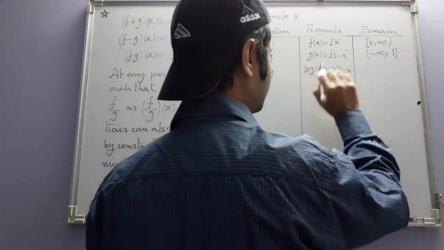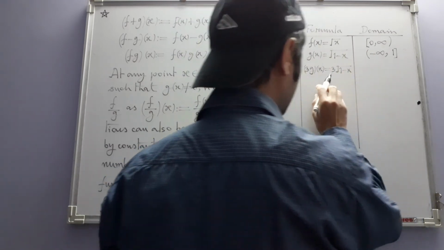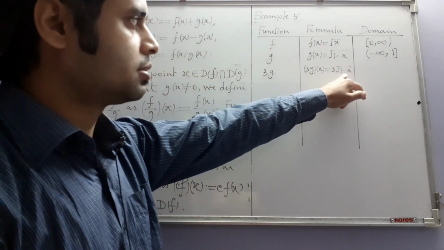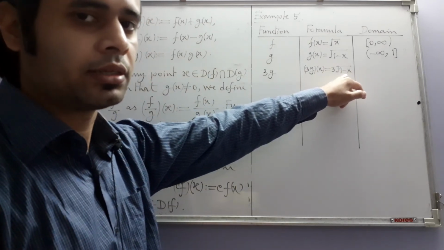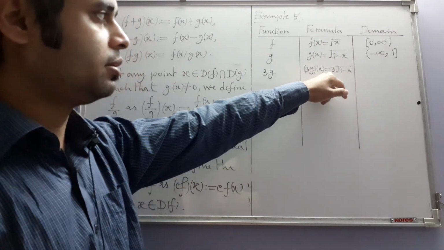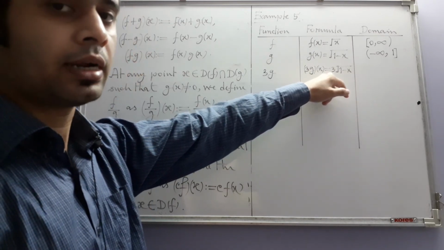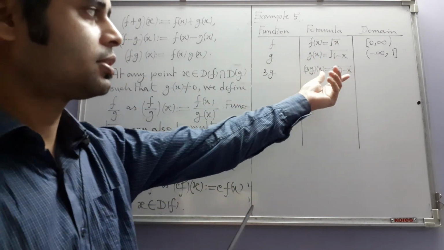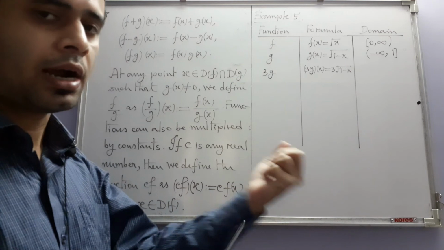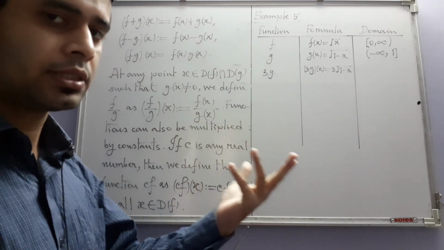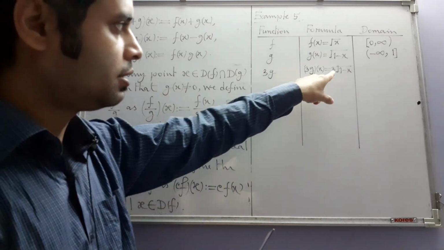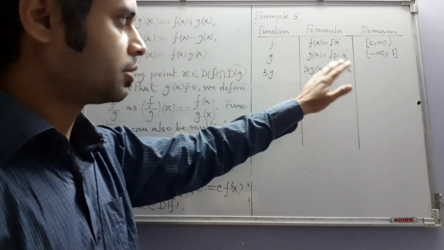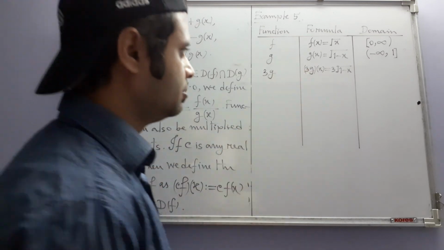Just like the domain of this one, here also we just have to bother about this term under the radical sign. We don't really care about what 3 is doing here, at least when we are calculating the domain. When we are calculating the range, of course, you have to find all the output values. There, the set of all output values is the range. Then 3 will play a role. For calculating domain, 3 does not play any role.